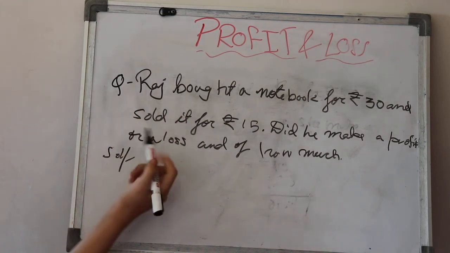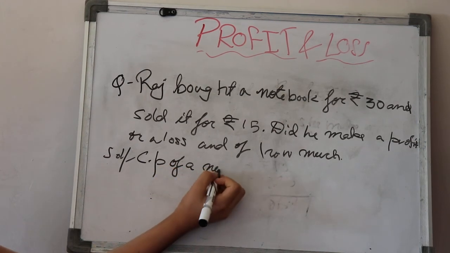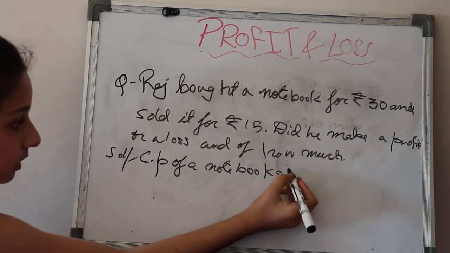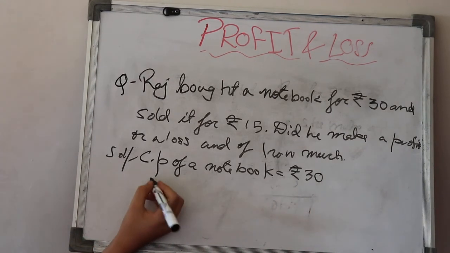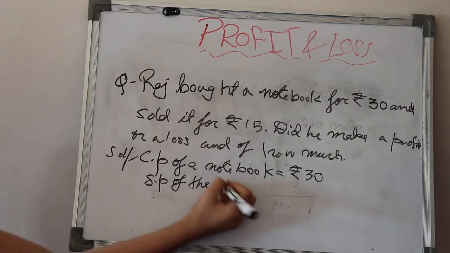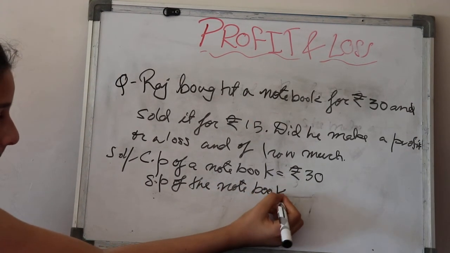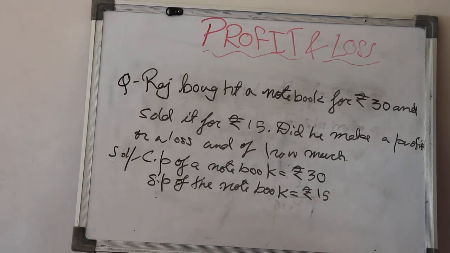So he bought, so it's a cost price of a notebook, rupees 30. Selling price of the same notebook, rupees 15. Now I have to find whether he made a profit or a loss, and of how much.